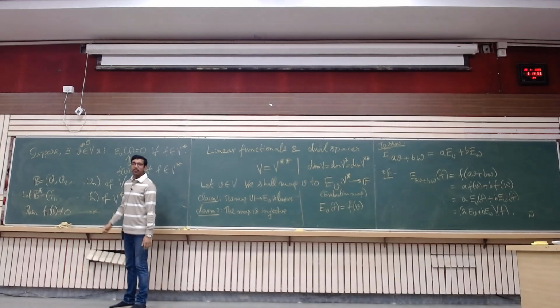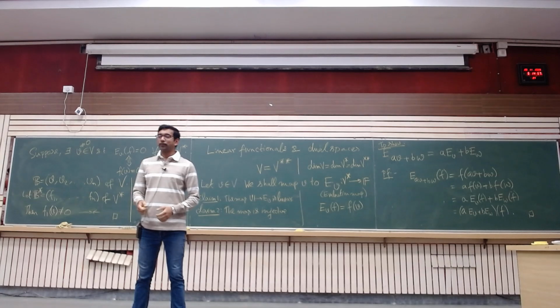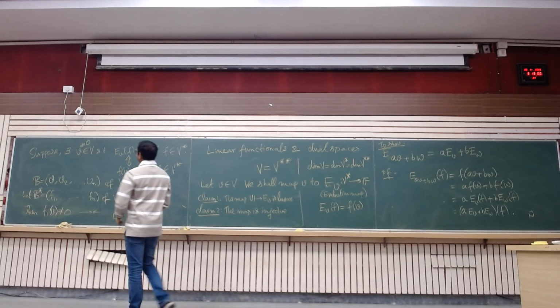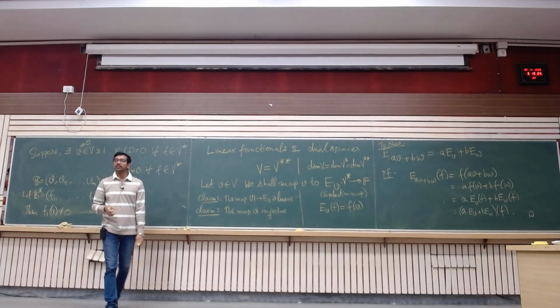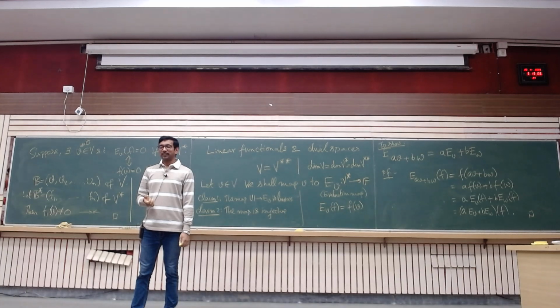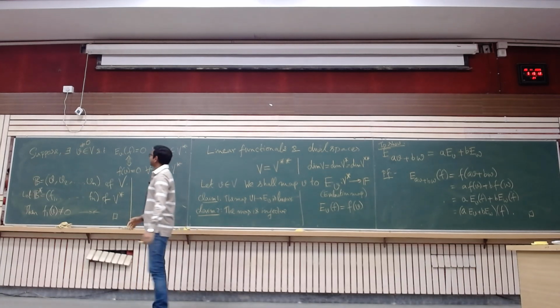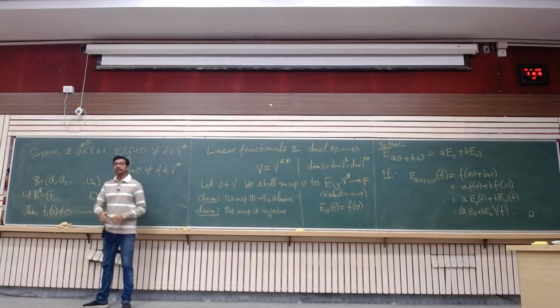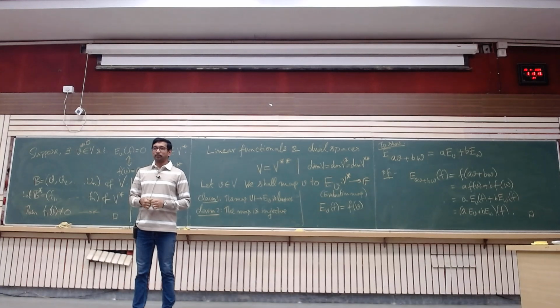Take this V, the span of that, what is the dimension of that? V is some non-zero vector. How many linearly independent vectors can belong to the span of a single vector?